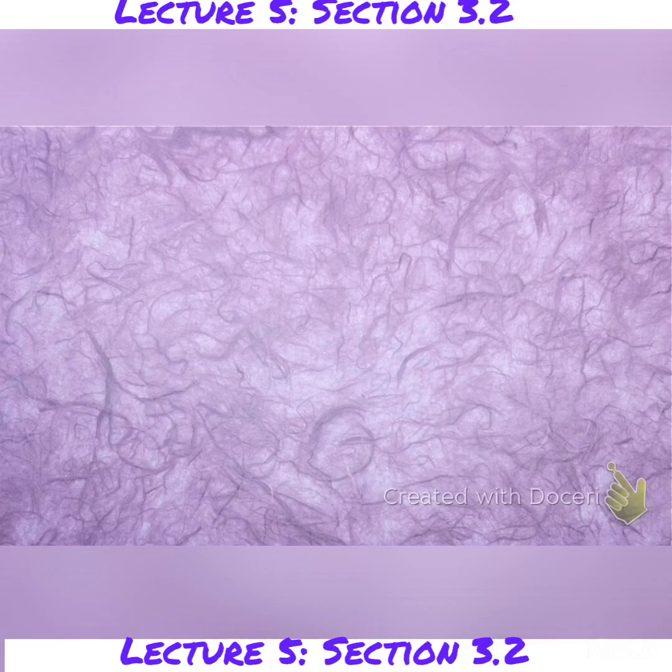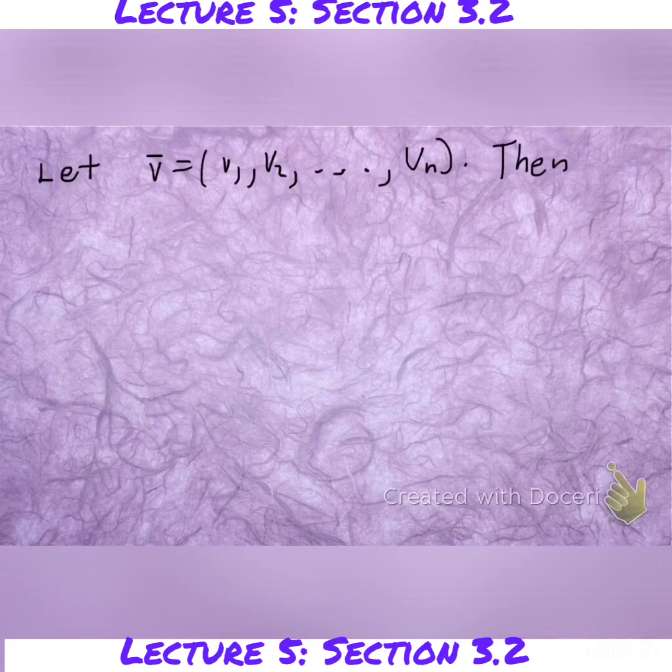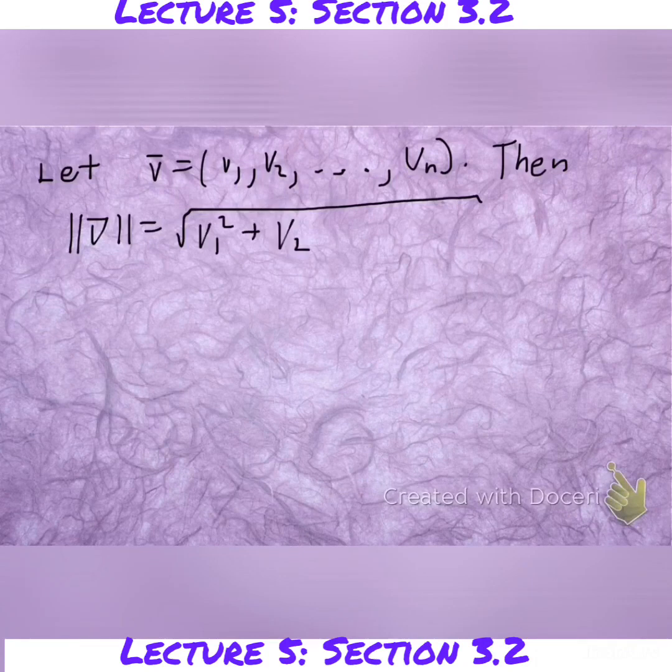Now, if we look at this vector here in n space, v1, v2, up to vn, and we take the norm of this vector, we know the norm measures the length of the vector. So we know that this is the square root of the sum.